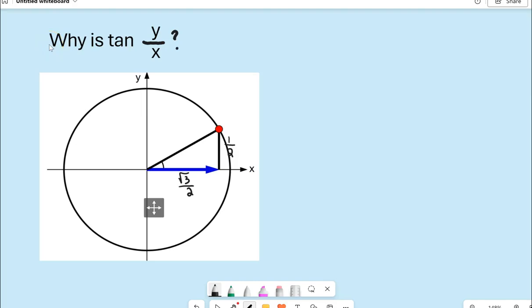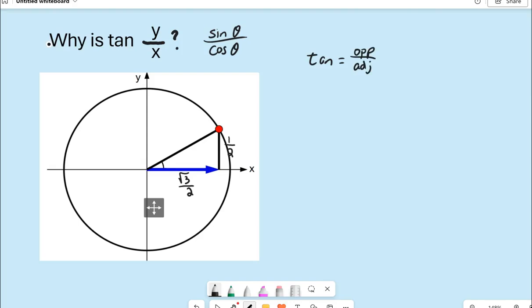Students also question, why is tan y over x, or we could say sine of theta divided by cosine of theta? Well, let's go back to what we learned about tangent a couple of weeks ago. Tangent is simply your ratio of the opposite over the adjacent.